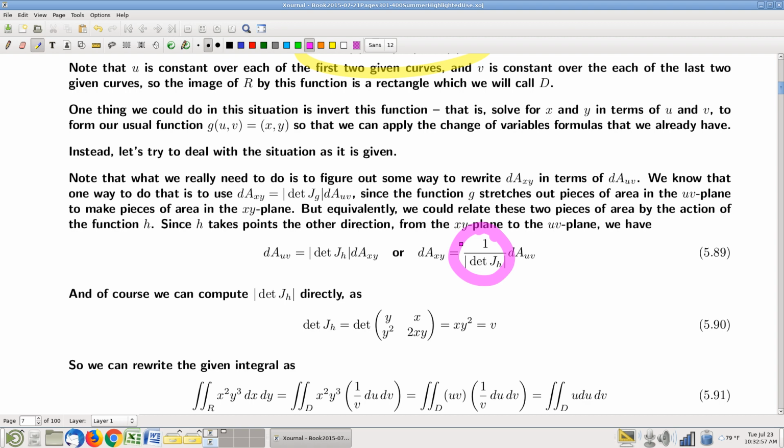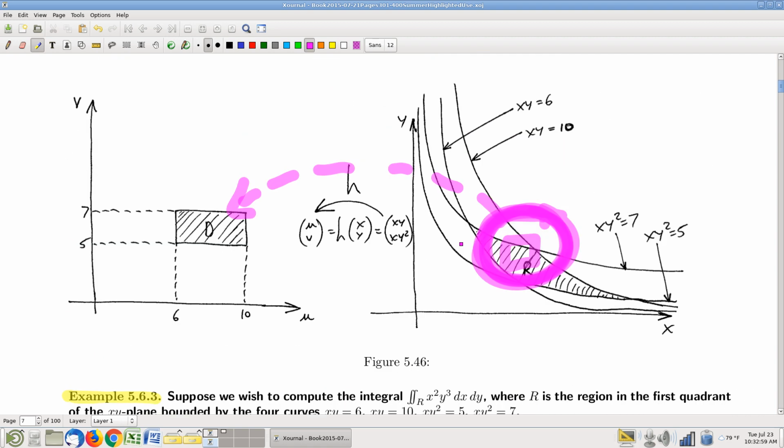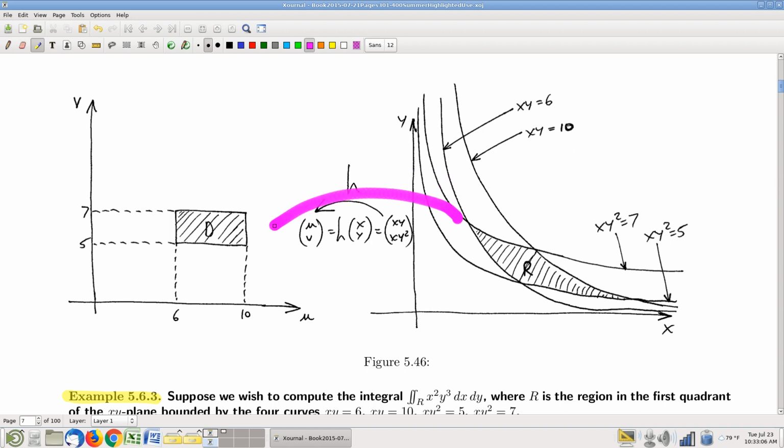It's a neat idea. And by the way, it's also pretty satisfying if you think of it from a geometric point of view. If h stretches in that direction, we're just looking for how to undo that. And the way you undo a stretch is by squishing.